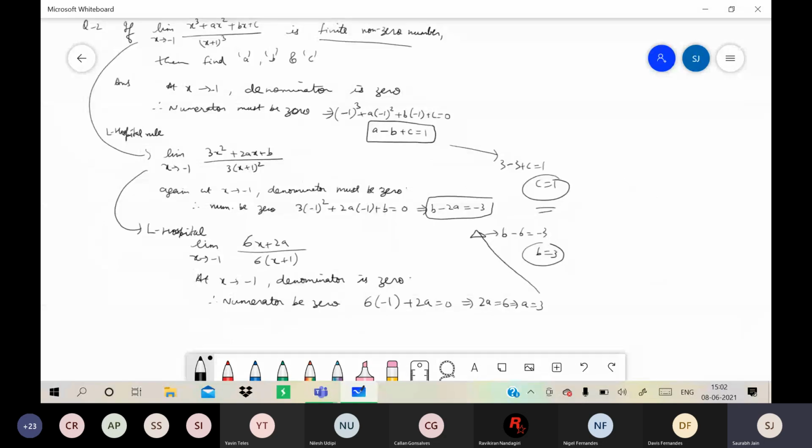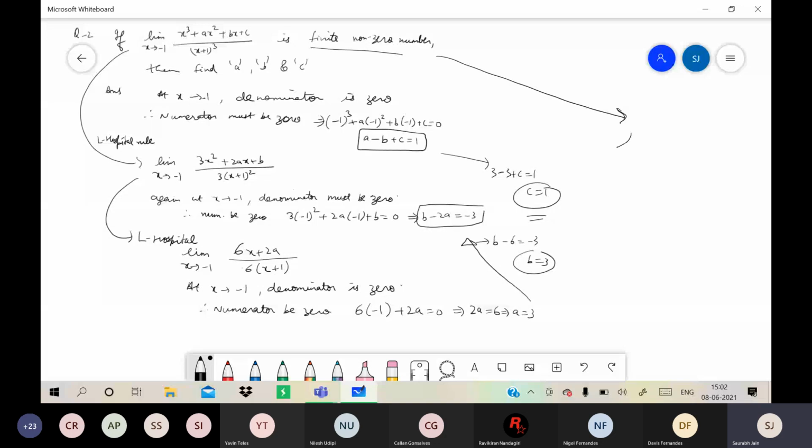If they want you to find the limit, you put the values of a, b, c, so it will be x cube plus 3x square plus 3x plus 1. Now you will see that it comes in a single step, because the numerator is x plus 1 cube and the denominator is also x plus 1 cube, and so the answer is 1. What type of limit is this? The limit is finite and non-zero. This is the way to solve this question.